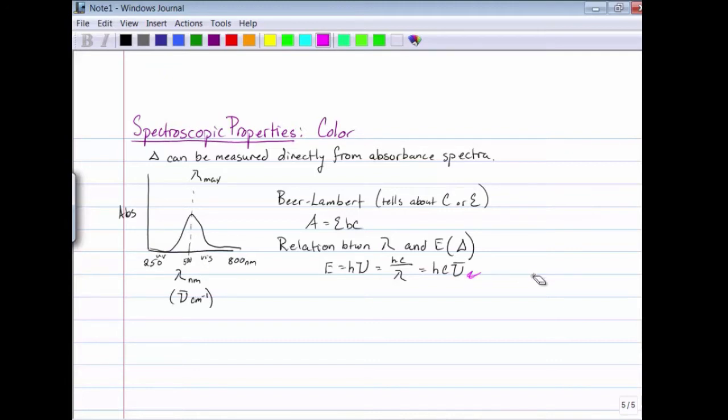So hc over lambda, or hc times the wave number, and the wave number is just 1 over lambda. The important thing to realize is that this energy is the delta. The energy of absorbance is the energy difference in your orbitals where your electrons are being excited.